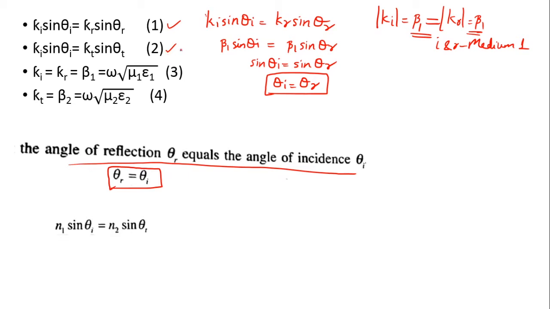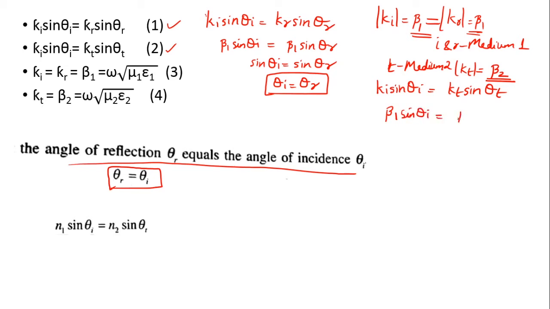Now consider the second equation, Ki sin theta I is equal to Kt sin theta t. What is the value of Kt? It is in medium 2, so it will be equal to beta 2, because the transmitted wave is in medium 2. Substituting, you get beta 1 sin theta I is equal to beta 2 sin theta t.